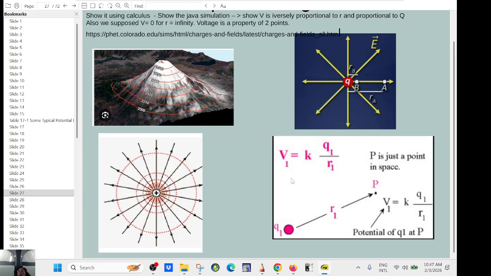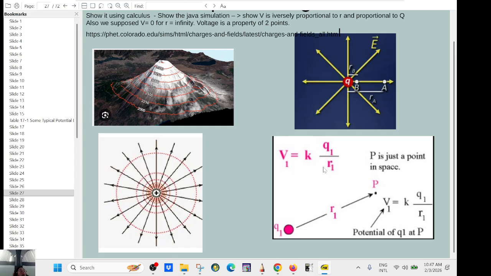You need to find the work it takes to take 1 coulomb of charge from very far away, push it to there. So that will be the potential relative to infinity. How much work is done to bring 1 coulomb of charge at that distance r? And if you do the math, you get to this equation here.